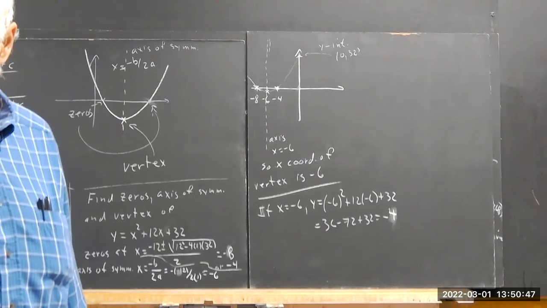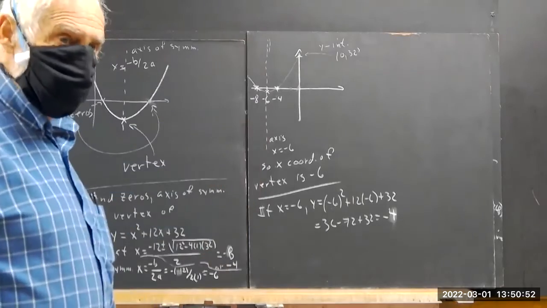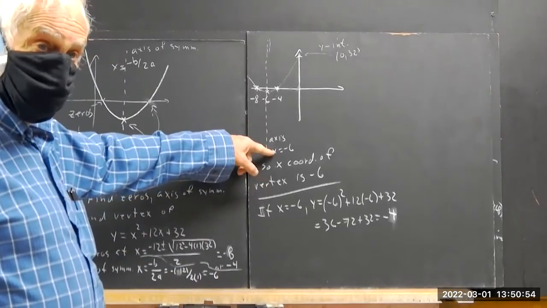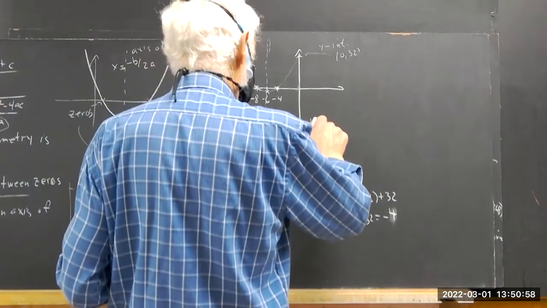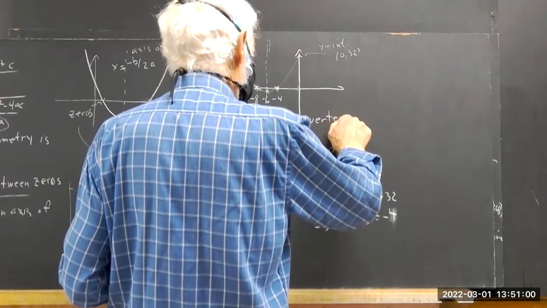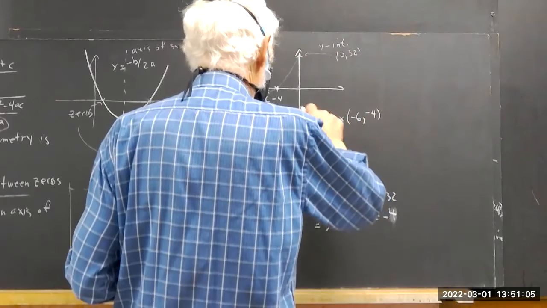That's all there is to it. You just have to make the connection that since it's on the axis of symmetry, you know the x coordinate of the vertex, and now you can find the y coordinate, and now your vertex is -6, -4.